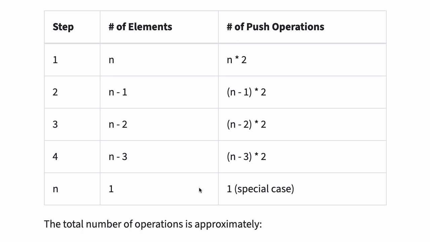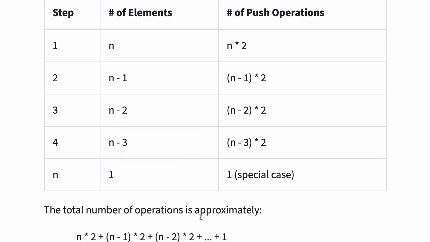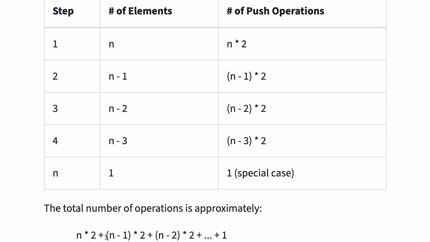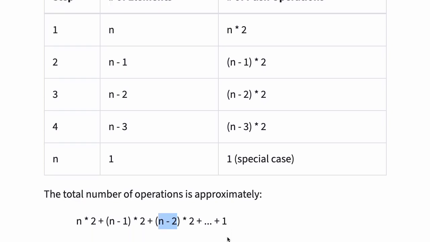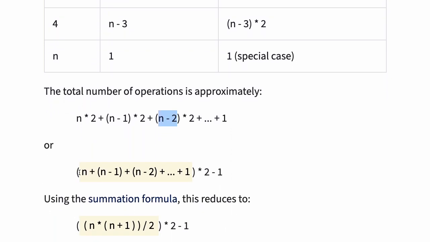The total number of operations is approximately n times 2 plus n-1 times 2 plus n-2 times 2, and so on, plus 1. Or n plus n-1 plus n-2, and so on, plus 1, multiplied by 2 minus 1.